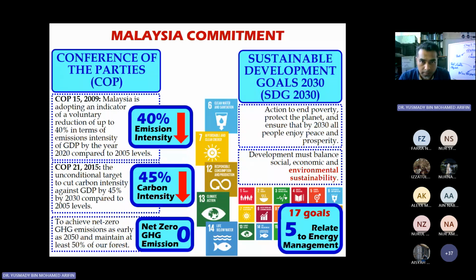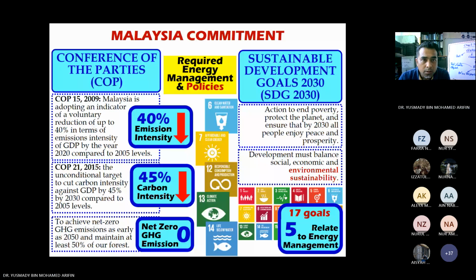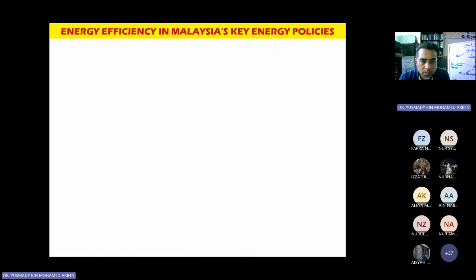Okay, so in order to implement whatever Malaysia committed to in the meeting, we need to implement energy management, and the Malaysian government needs to introduce certain policies for any kind of energy management implementation. So there are a number of policies that have already been introduced.